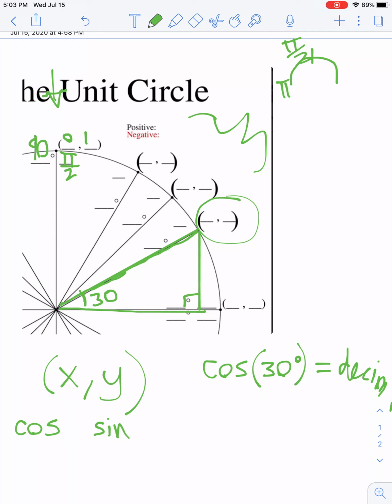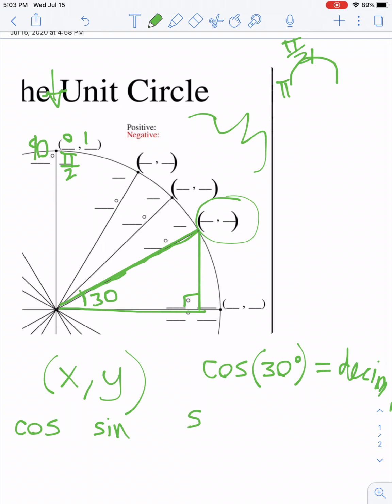We would have to round, and when we round in math, we're no longer being super precise with our answers. So instead we want to use fractions. That cosine of 30 degrees gave us a decimal, and I don't really want to continue working with that cosine.